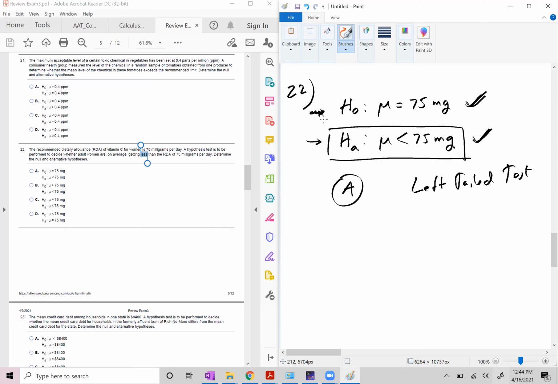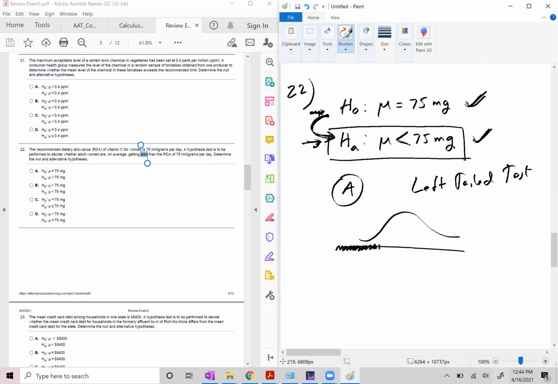Now, if your sample is giving you smaller values, that will support the alternative. That means you reject the null and go to the alternative. You reject the null and say that the alternative is correct when you get smaller values. The smaller your sample statistic, the better the chance of rejecting the null.